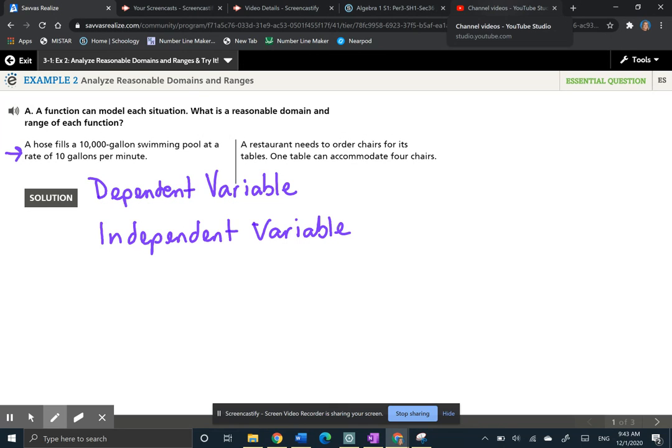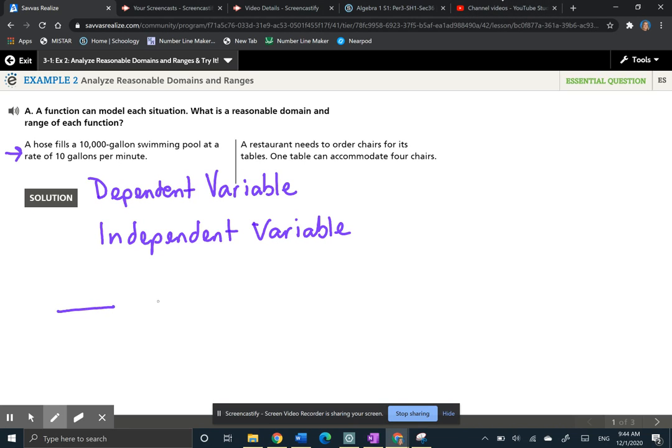And there's a couple ways I usually think about this. I restructure this. So what depends on what? A hose fills a 10,000 gallon swimming pool at a rate of 10 gallons per minute. So the gallons depend on the minutes. So I think about it like that.